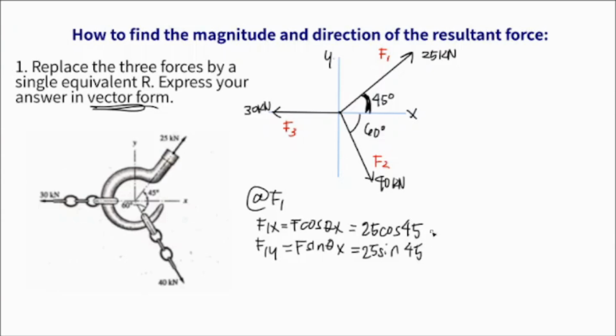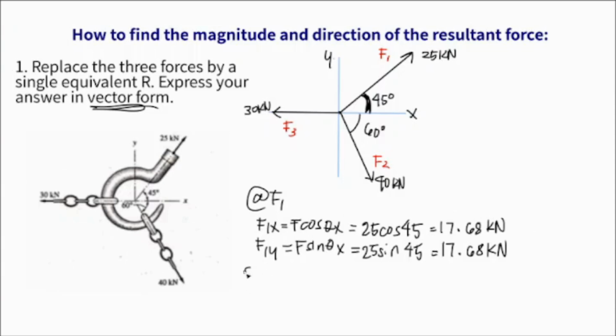Solving on the calculator, 25 cosine 45 is 17.68 kilonewtons, and F1y, 25 sine 45, is also 17.68 kilonewtons. Since this force is in quadrant 1, both the x and y components are positive.